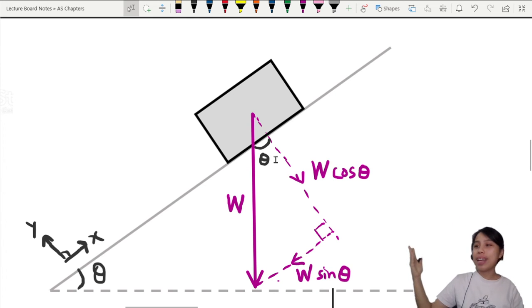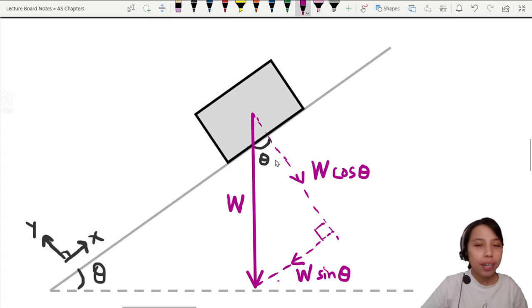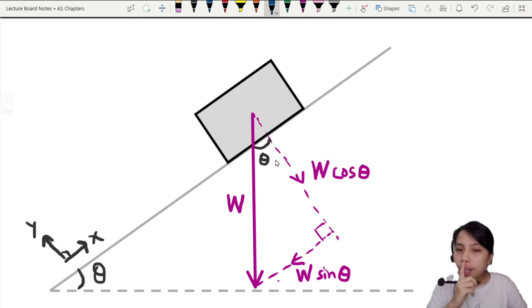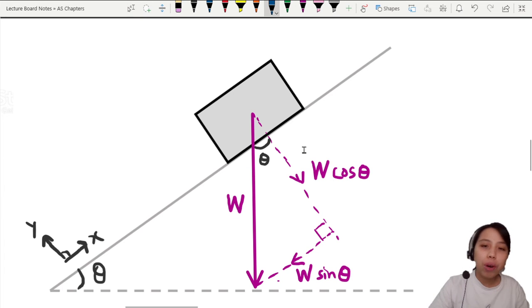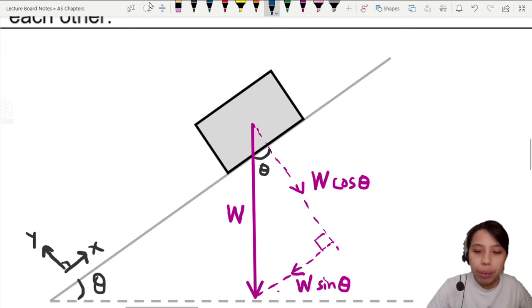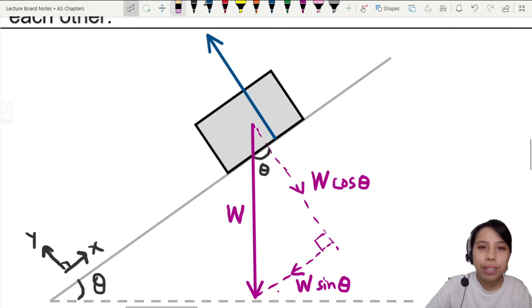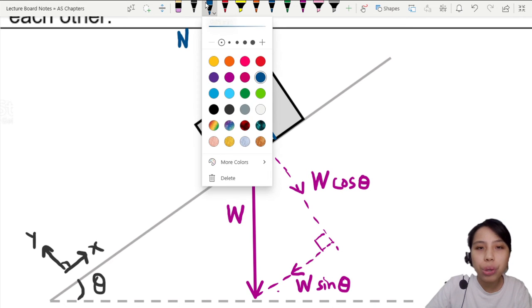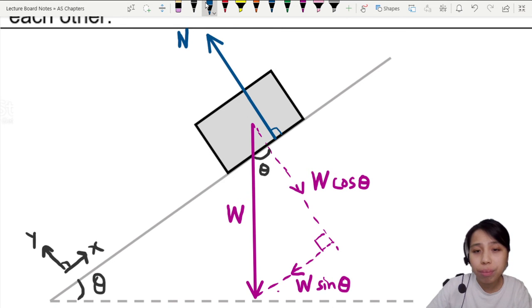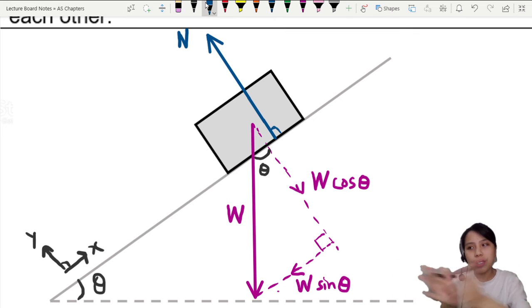Any other forces we can add? Contact force, yes, correct. Okay, let's draw a contact force. Now the contact force we're going to look at is the force on the box itself. So I'm going to draw an arrow up there. This would be our N, normal contact force, and I draw it from the surface of the bottom, because, you know, it acts on the surface only.